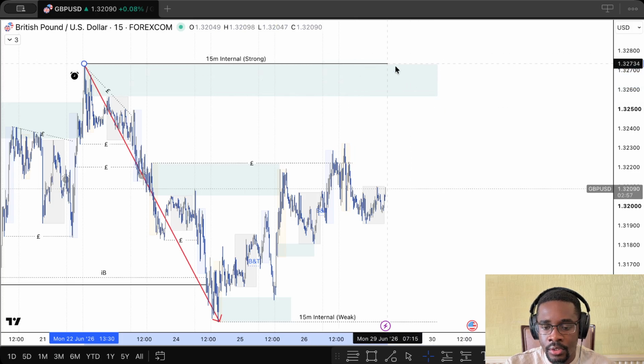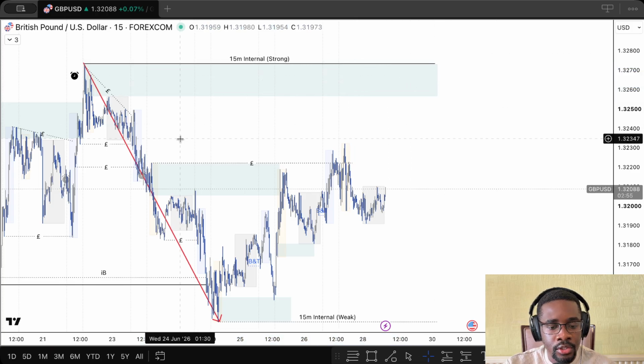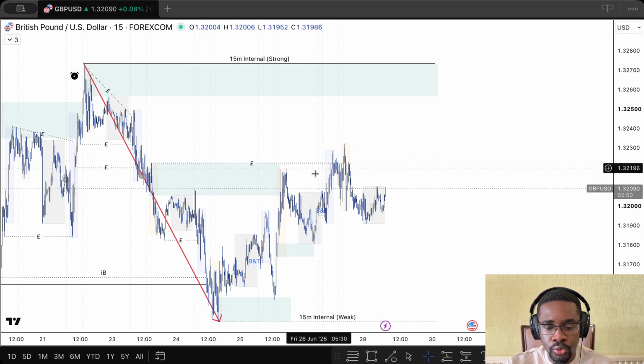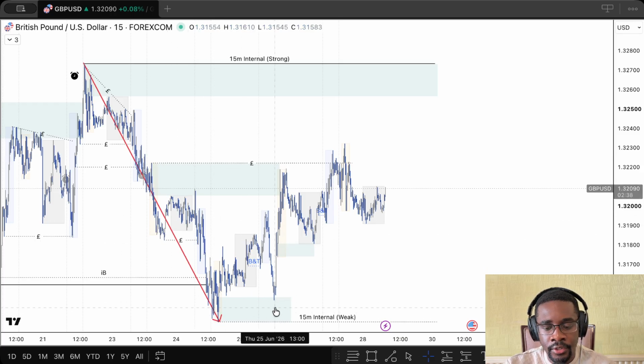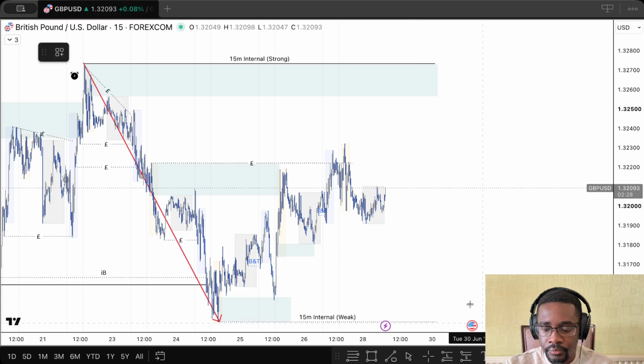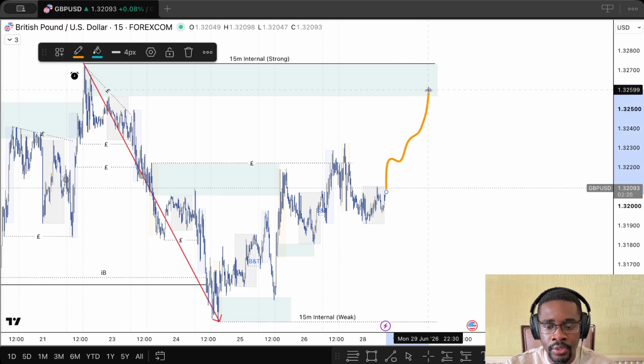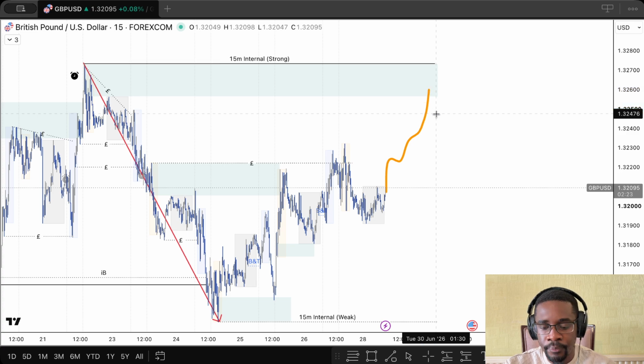Within this range, price pulled back, and around this area was the decisional that led to the break of structure. That didn't complete the objective, so we can expect that price might continue with this internal trend, possibly until it mitigates this extreme.